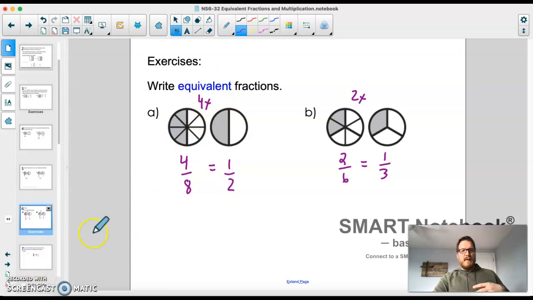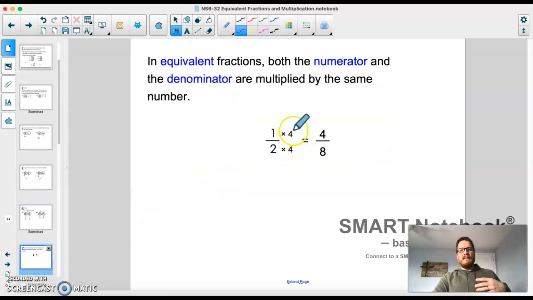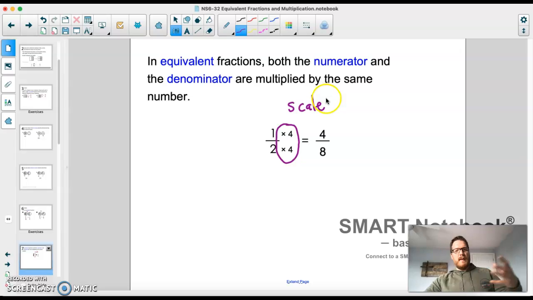And with this stuff up here, what we're identifying is this times 4 bit. I like to call this our scale factor. In other words, what we would multiply one fraction by to find an equivalent fraction. It's kind of weird, right? Saying the word fraction but writing the word factor.